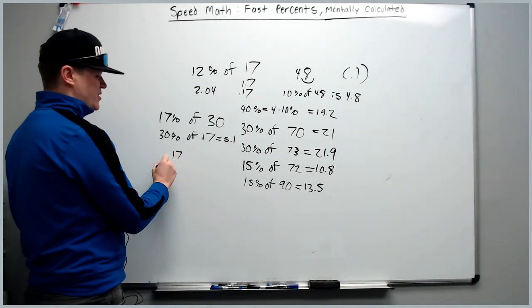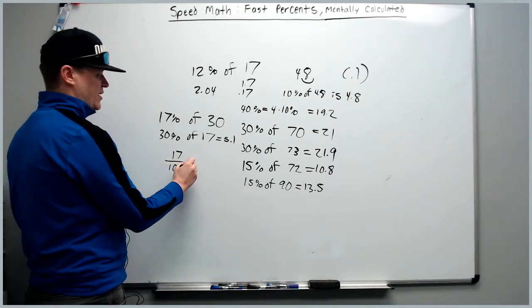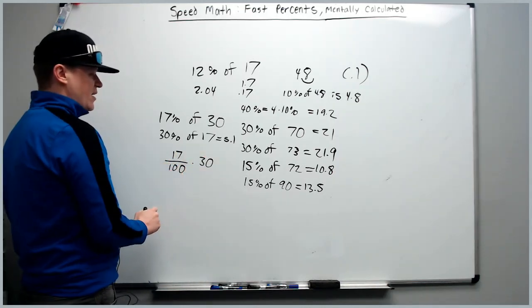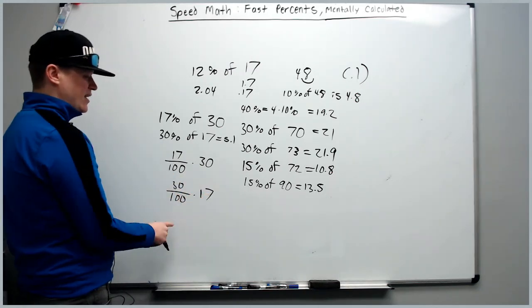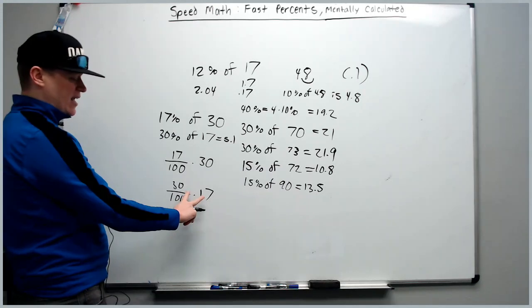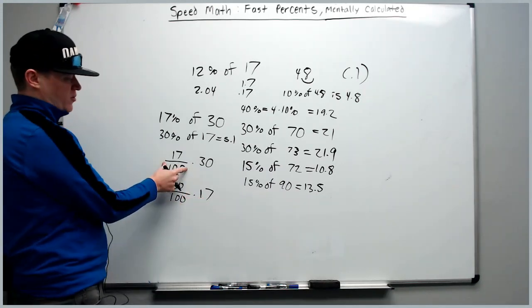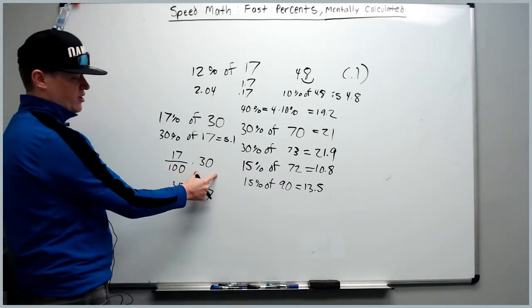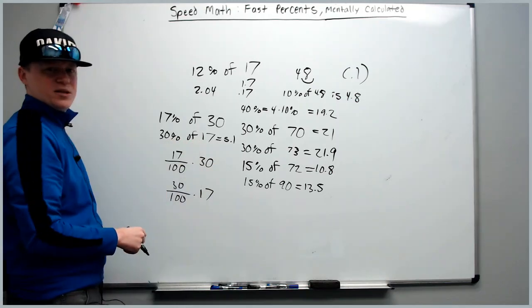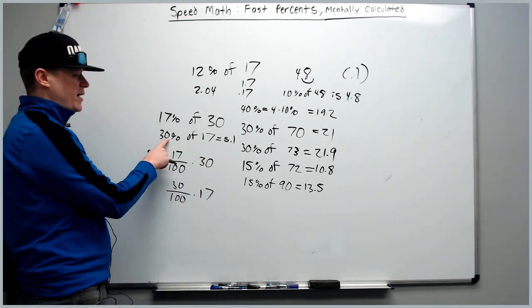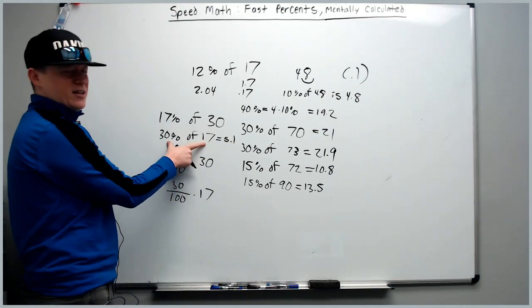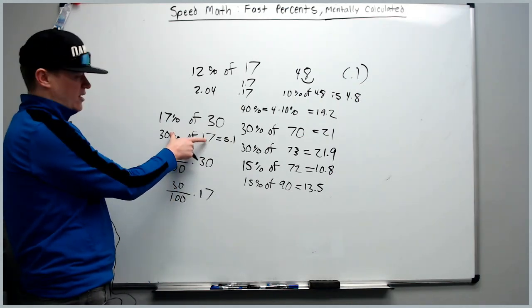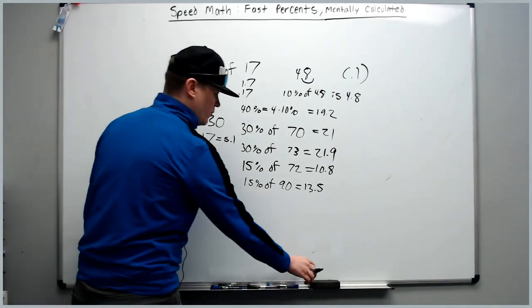Because 17% of is 17 over 100 times 30, and 30% of is 30 over 100 times 17. Notice the numerators are the same and the denominator is the same. So I can simply shift the 100 over to the 30 and it becomes 30% of 17, thereby giving us a nice percent of a not nice number. This is typically faster for the average student to calculate than the above one was.